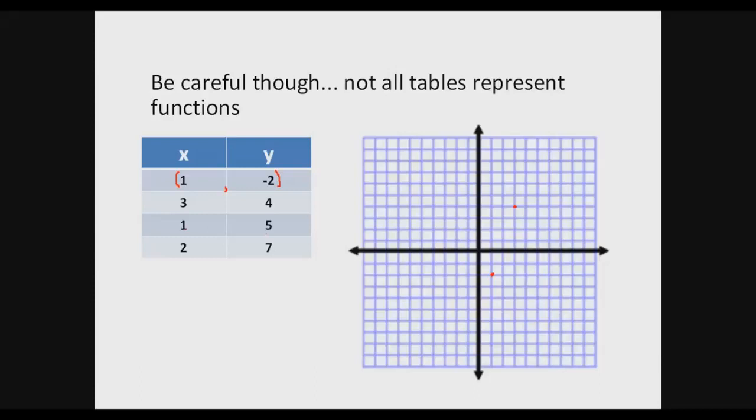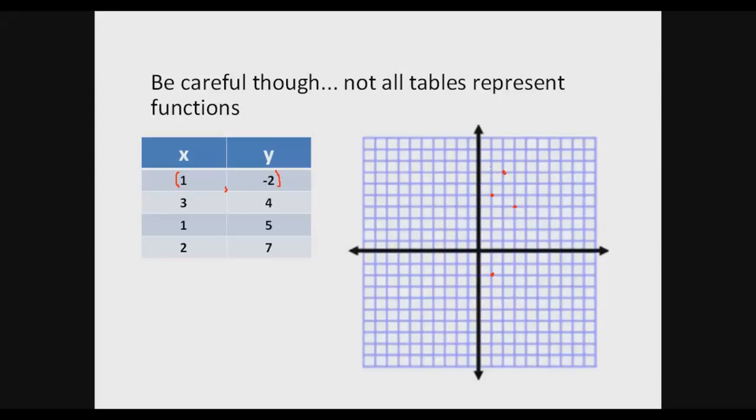I'm over 1 and up 5. Over 2 and up 7. Okay, so I've graphed all these points.